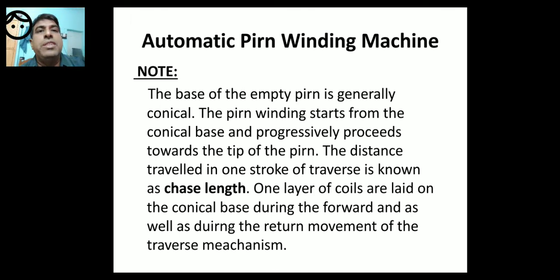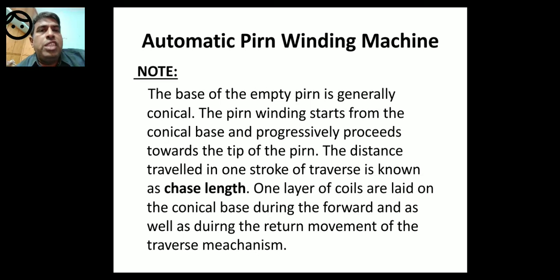So dear students, clearly please note these points. There are two parts in an empty pern. One is the base of the pern and the other one is the tip of the pern.